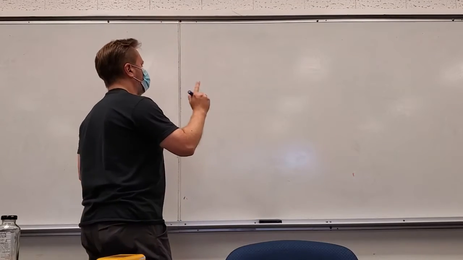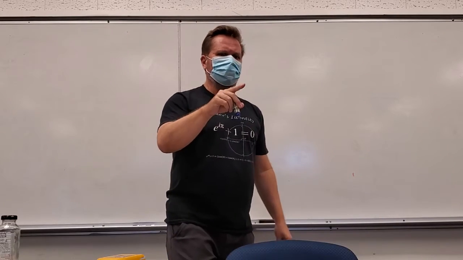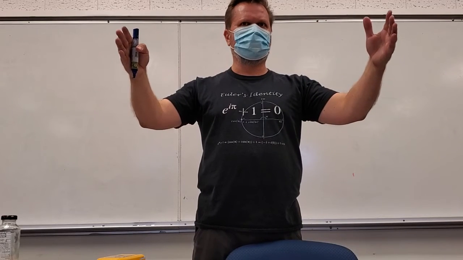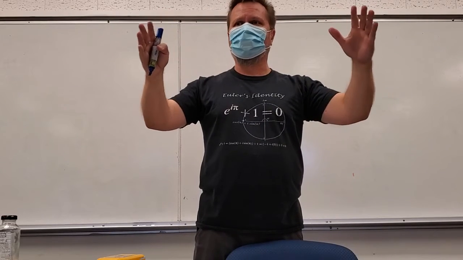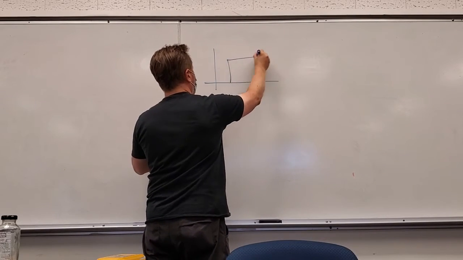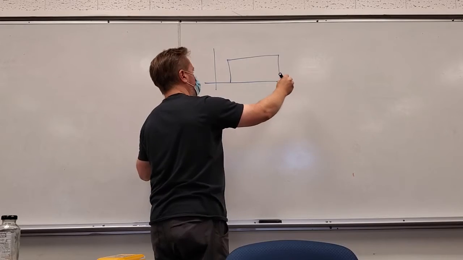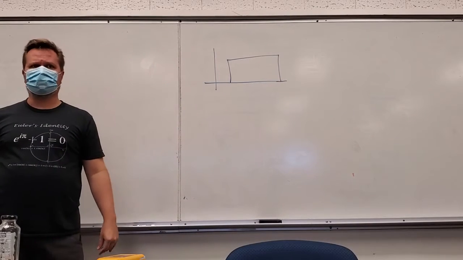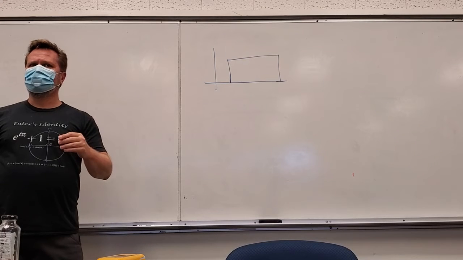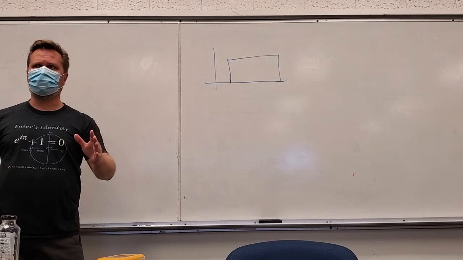The whole idea with probabilities, when you have a continuous distribution, is what? If I draw the distribution, how do I find the probability of any event? Find the what? Area. It's all about areas, right?